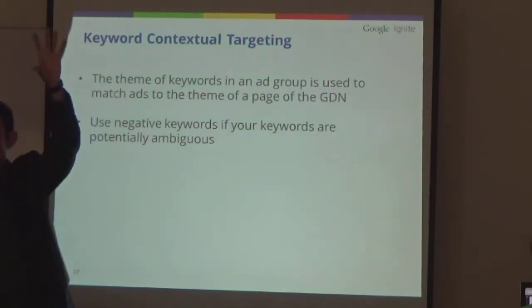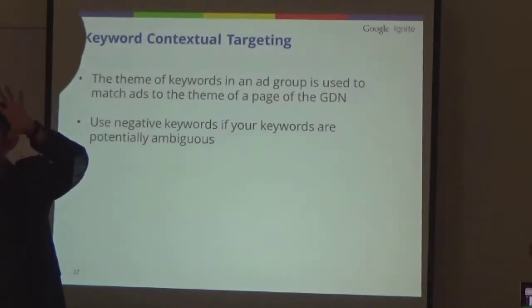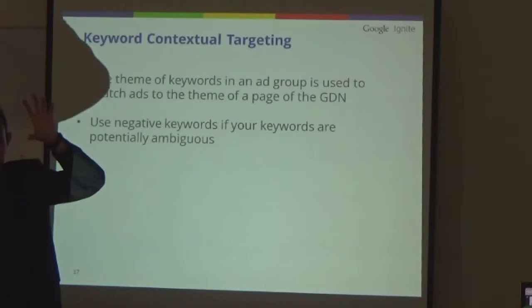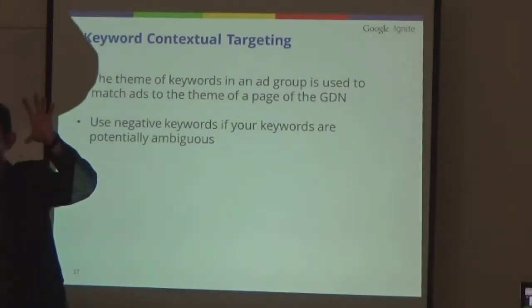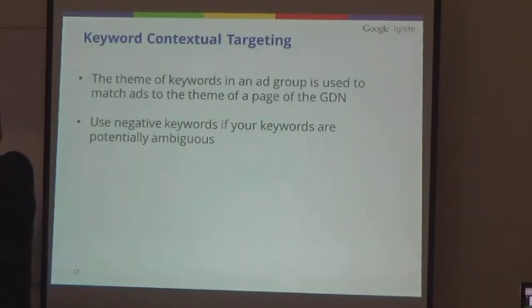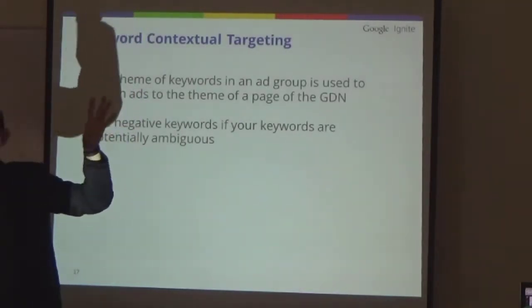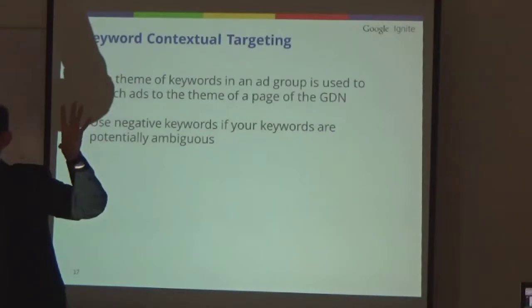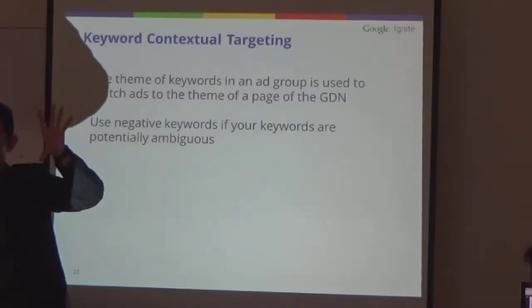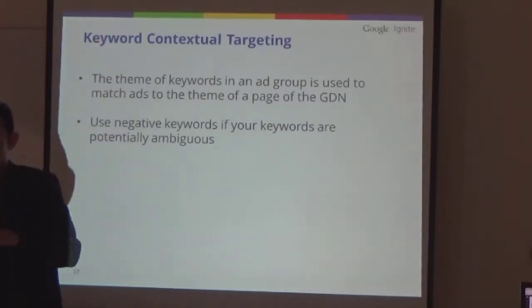So I'm going to list down a couple of keywords, create an ad group, and use the GDN as a network to start advertising. Google will automatically find pages that are contextually or semantically related to that set of keywords in the ad group, the same or a similar theme, and Google will show your ads.